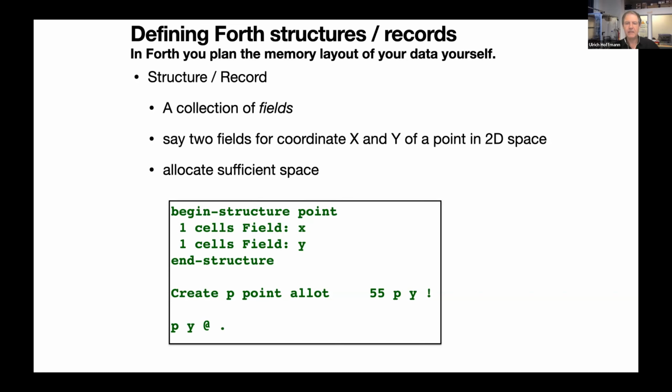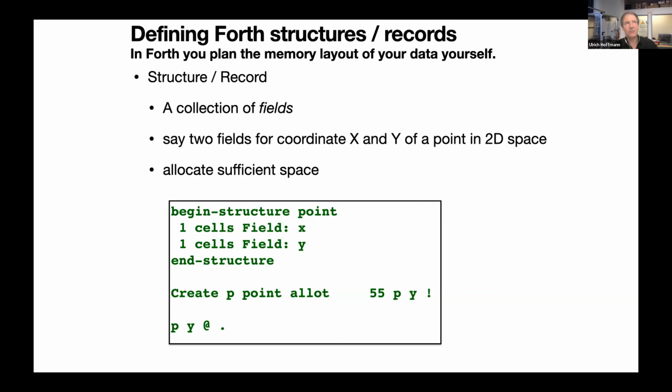Yeah, and then you can use the field names to do the address calculation. You say p y to get the address of the y field in the p data structure. And so you can write 55 p y store to store the values in there, and you can say p y fetch to get the appropriate value. So they are like variables.